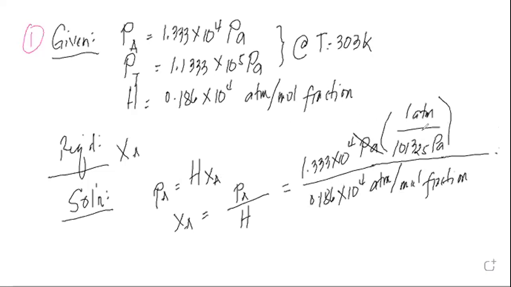So we cancel the unit, and now you have the answer for the mole fraction of A in the liquid phase. If you use Henry's law, there's no need for you to convert this to YA, because your Henry's constant is already given in the problem.